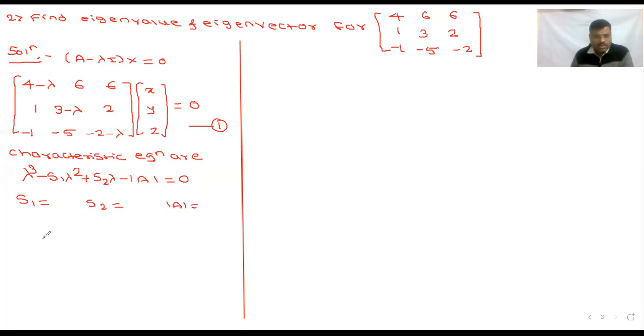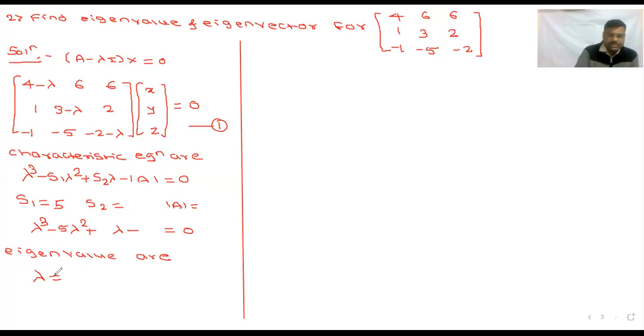What is the eigenvalue? So s1 I will tell you. S1 is very simple, that is 5. Just put your answer in chat box.